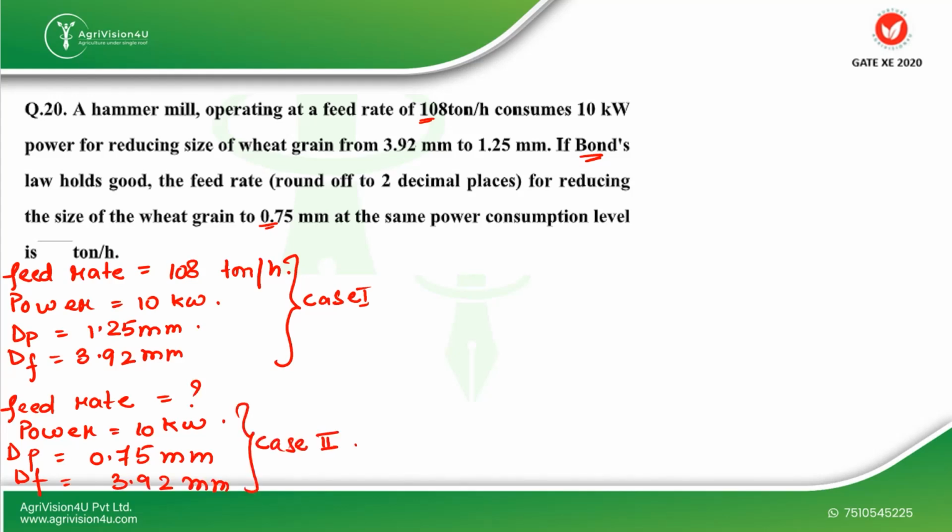So according to Bond's law, the formula is P by F equals 0.3162 Wi times (1 by root over Dp minus 1 by root over Df).